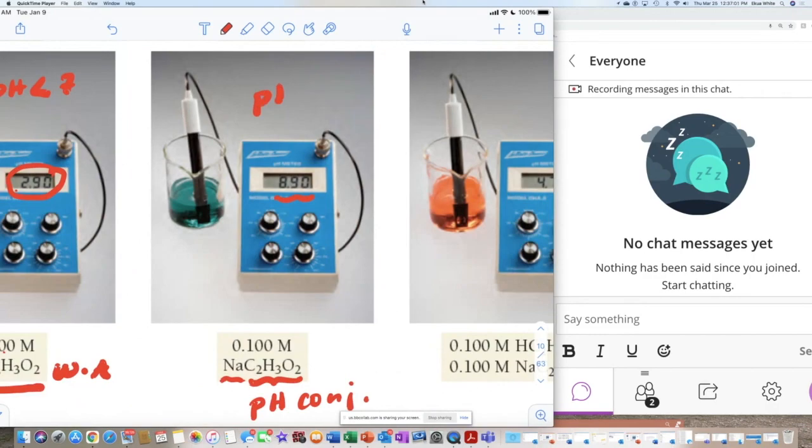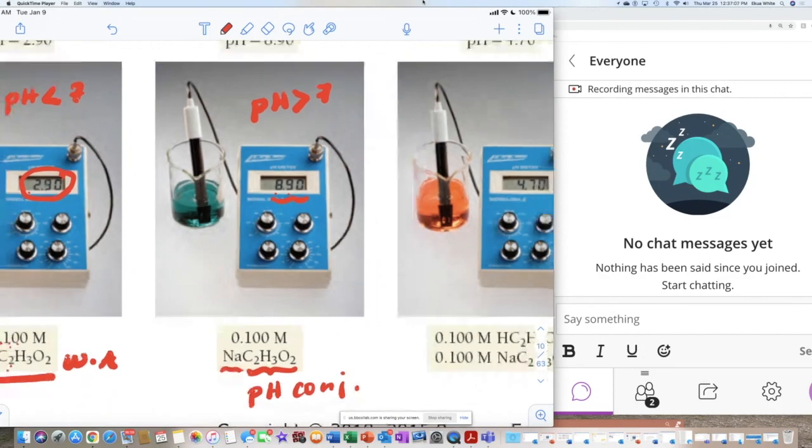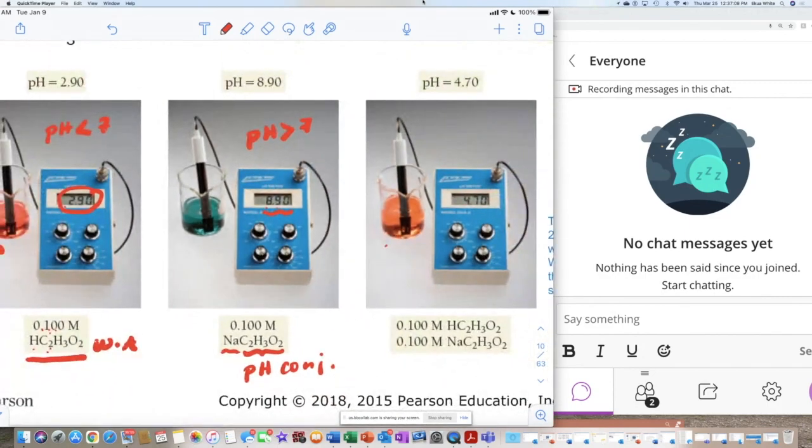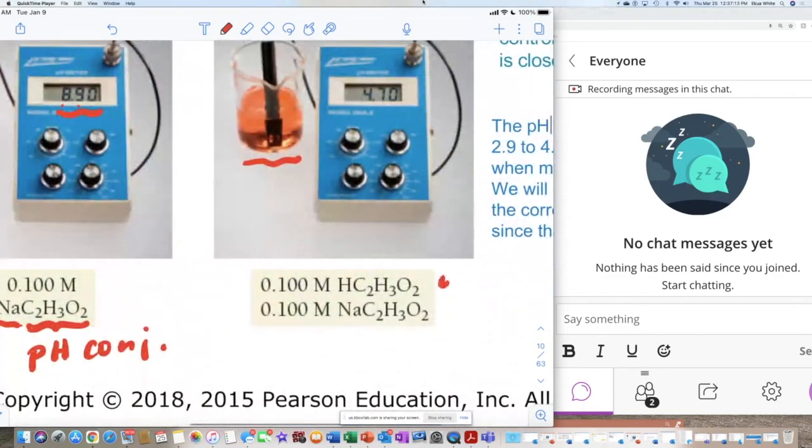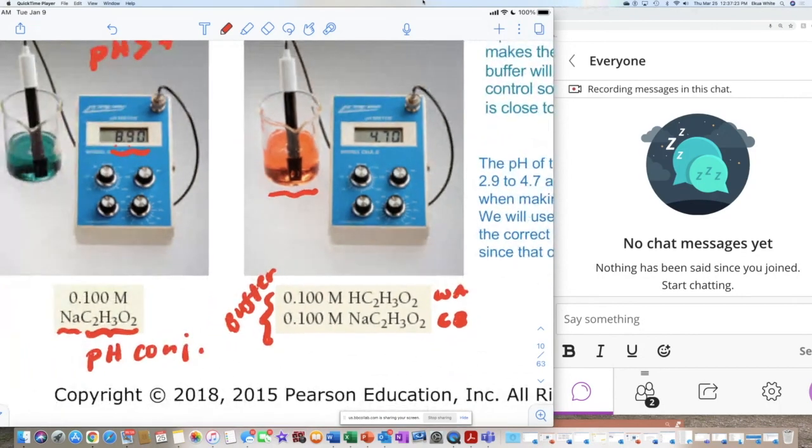So for a base pH, we expect it to be larger than 7: 8.90. And then we mix it to make a buffer, because when you take the weak acid and add its conjugate base, you're essentially making a buffer. So we have mixed these two, and then we got the buffer, 4.7.